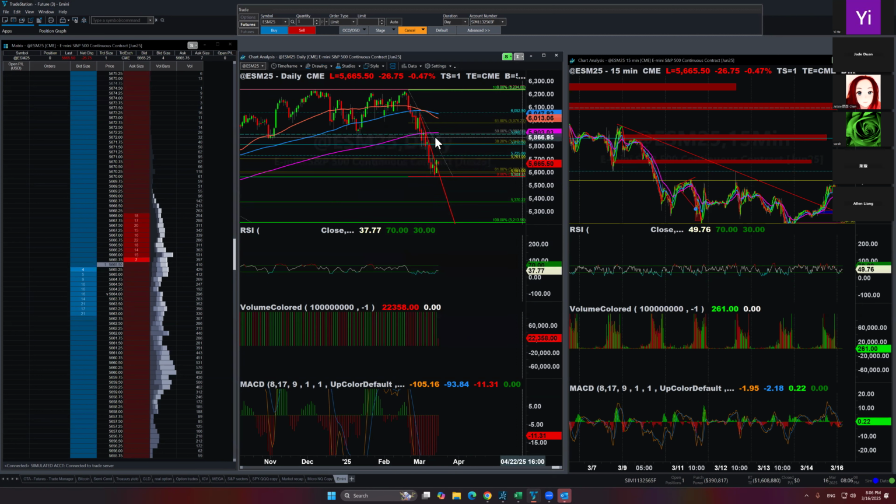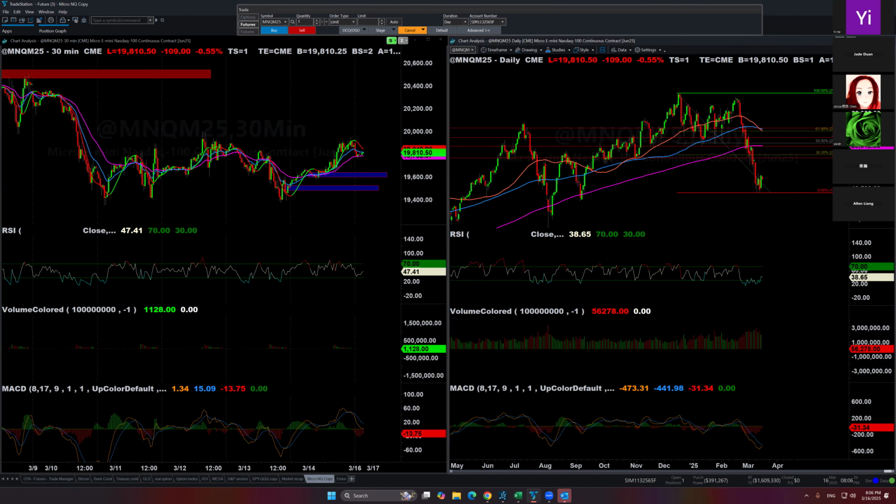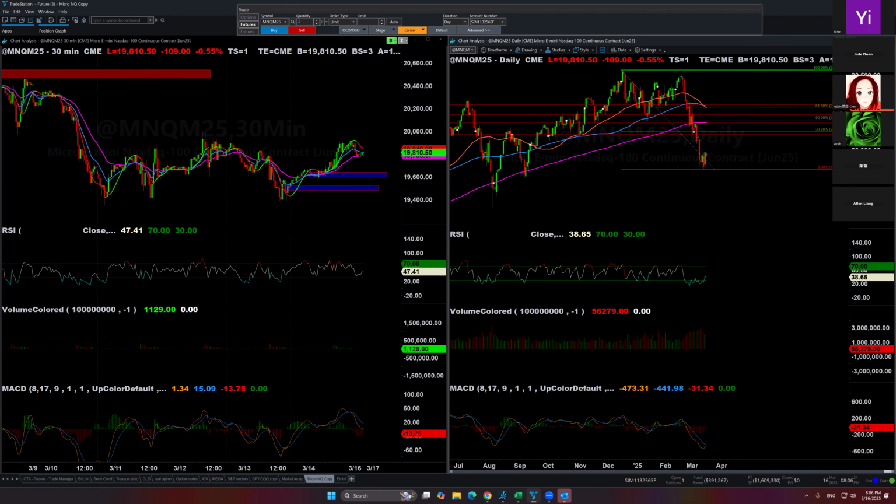So we should at least hit somewhere here, 58. Anyway, that's what I'm seeing for now. And on QQQ, I'm leaning this level as well. That's the 50% retracement from this drop, and also the 200 moving average.